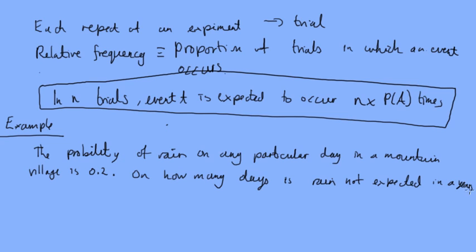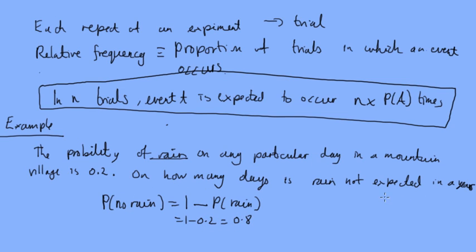The first thing to note is the probability of rain is an exhaustive event. It's either raining or it's not. So the probability of no rain is equal to 1 minus the probability of rain. So 1 minus 0.2 is 0.8.